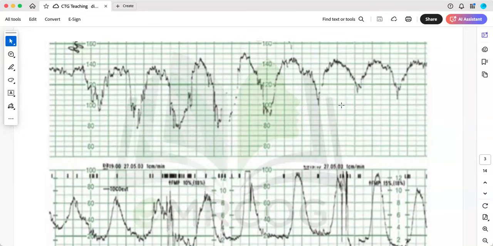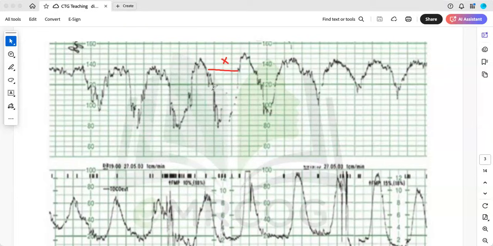So, one bad feature. For example, here, I can say that this deceleration is prolonged, right? This deceleration is more than 60 seconds, so it has one of the concerning features. What else? There is a failure to return back to the baseline.